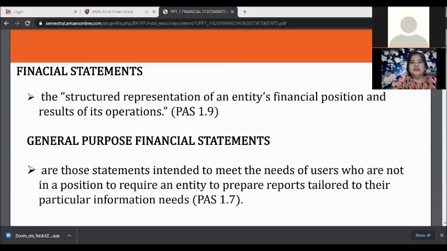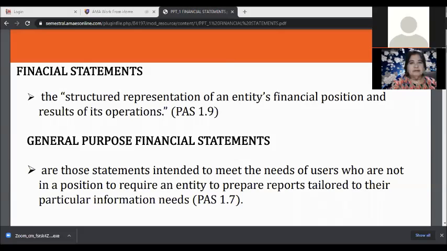Okay, so there are general purposes of our FS. Those are of course very helpful to everyone who will be in need, not only within the company, but there are also external users of our FS.